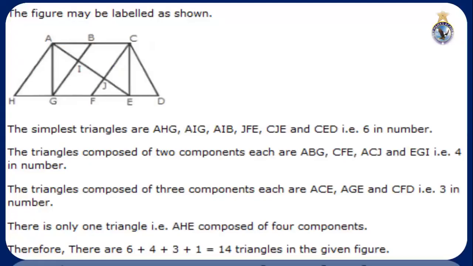Look at this. The figure may be labeled as shown. That was the same figure. Now we are labeling, starting from the right, A, B, C, D, coming down E, then F, G, and H. And once again, here I and J. All the vertices, all the corners have been labeled accordingly.